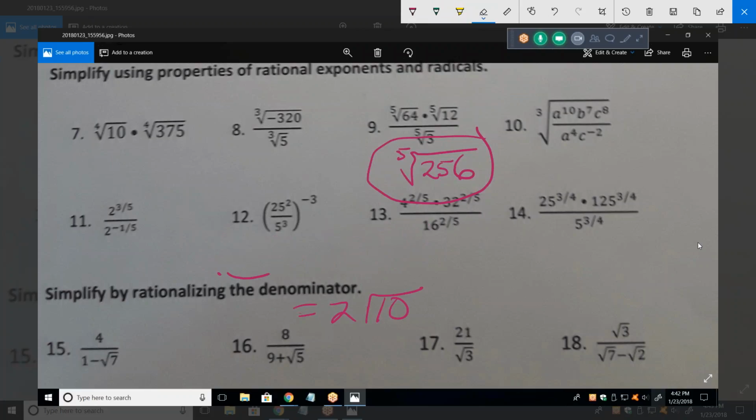Now, can we do that with this number? Can I find a factor of 256 that is not a perfect square number, but it's a perfect fifth number? What's 2 to the 5th?